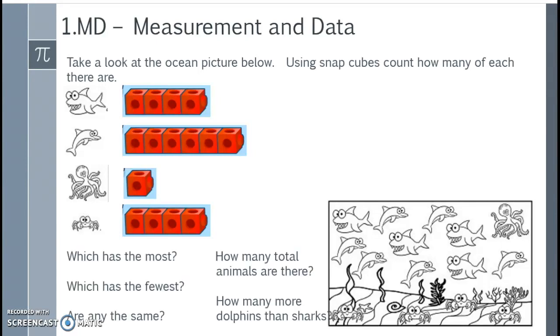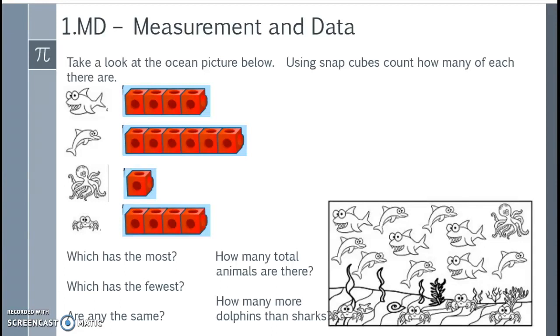There are some wonderful questions that we can ask based on this data, looking at and comparing our snap cubes. Which animal has the most? Students can count and we see that there are 6 dolphins, 6 snap cubes. So the dolphins have the most items in the picture. Which has the fewest?